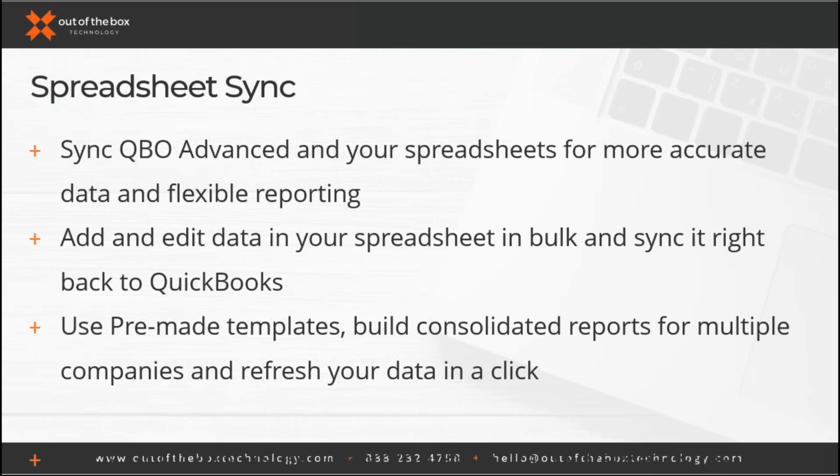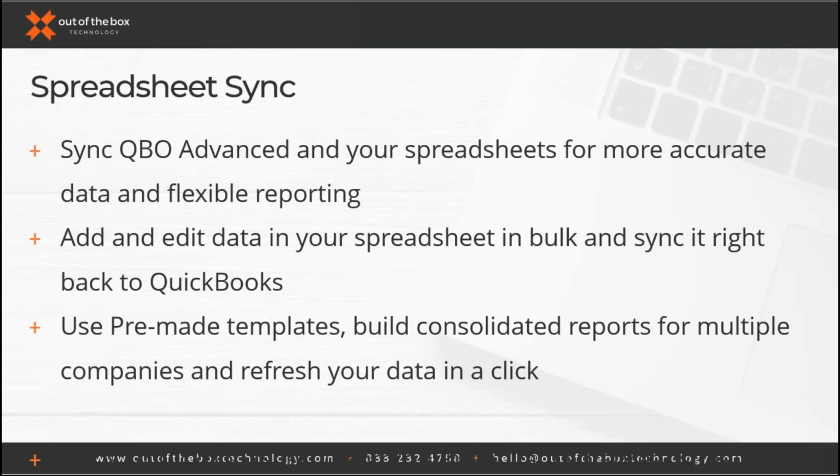So you choose the data you want to include to build pivot tables. You can use formulas and functions and insert graphs. With Spreadsheet Sync, you can merge multiple charts of accounts and let Excel handle the complex calculations to save time and generate the consolidated reports that you're looking for.